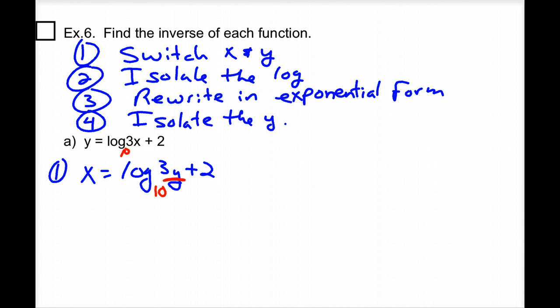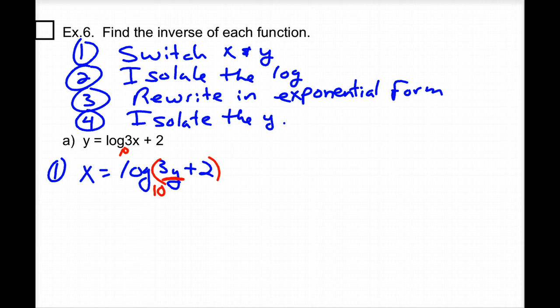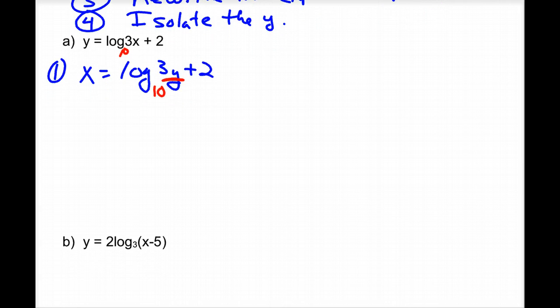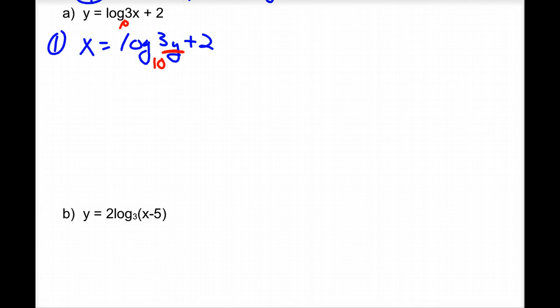In order for the plus 2 to be next to it, you'd have to have parentheses around the whole thing, and then that would be an entire log. But the parentheses weren't next to it, so I get rid of those. We have to get the log alone. That means we have to minus the 2. So make sure you subtract the 2 over. So x minus 2, this is step 2, is log base 10 of 3y.